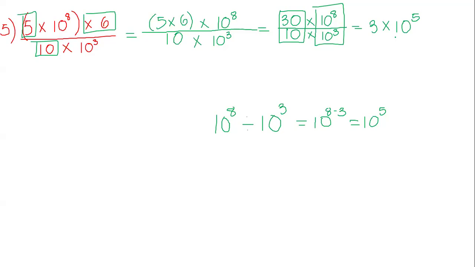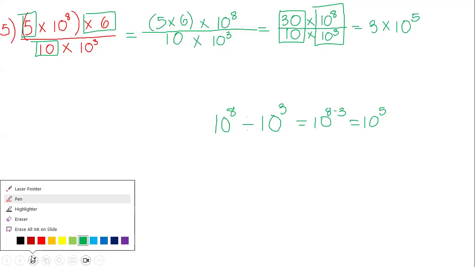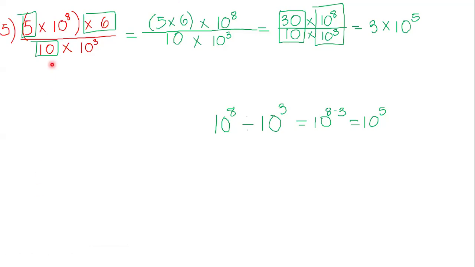Okay, what you do is simple. You want me to do from the beginning or just to the green part? The beginning. Okay, so basically, you group the 5, the 6, and the 10.